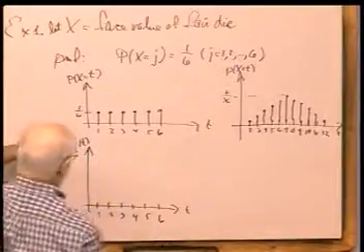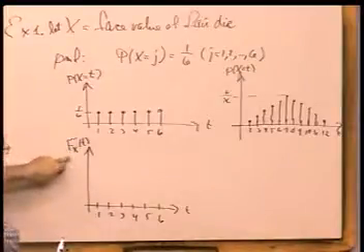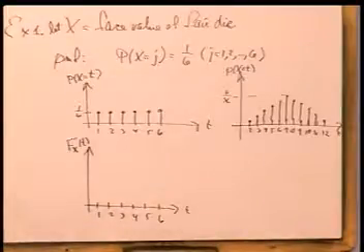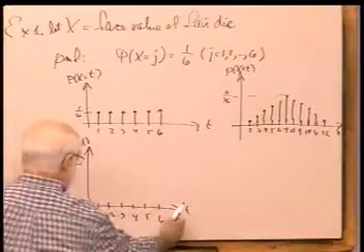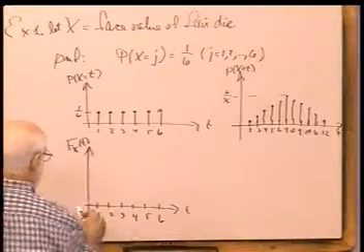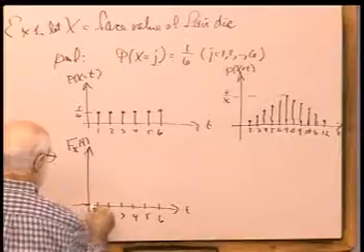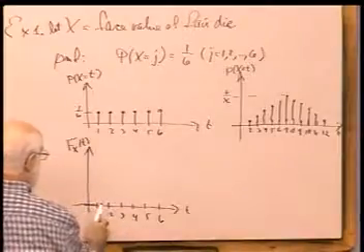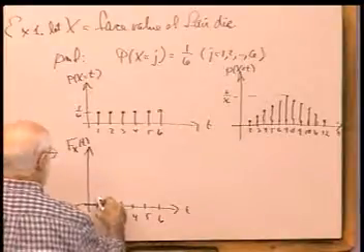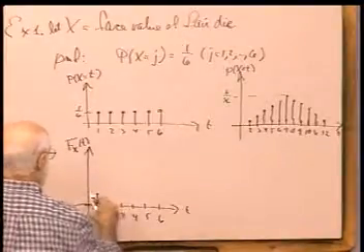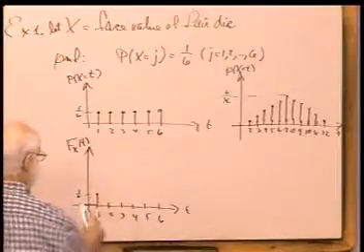Now what I'm going to plot here is the probability that X is less than or equal to t. If t is less than 1, then the probability is 0. But when t equals 1, the probability that X is less than or equal to t is 1/6. So this height right here is 1/6.